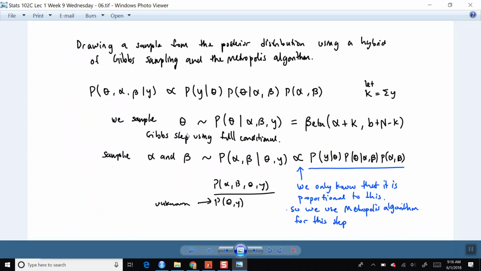The probability of theta given alpha, beta, and the data is going to be a beta drawn from alpha plus the number of yeses, comma, beta plus n minus the number of yeses, right? I think this has been made clear. And so we can use a Gibbs sampler for this, okay?